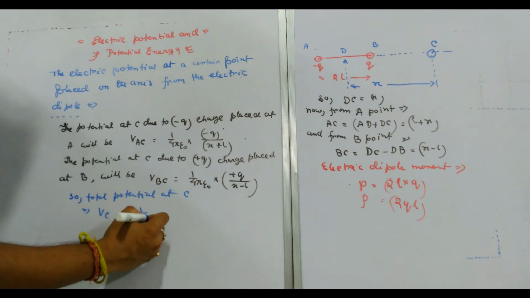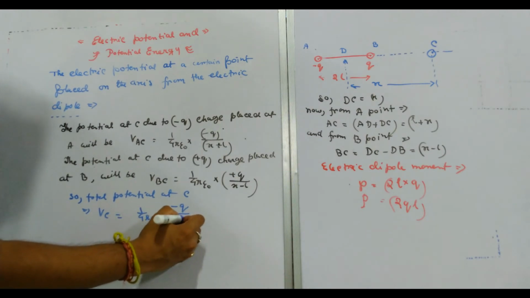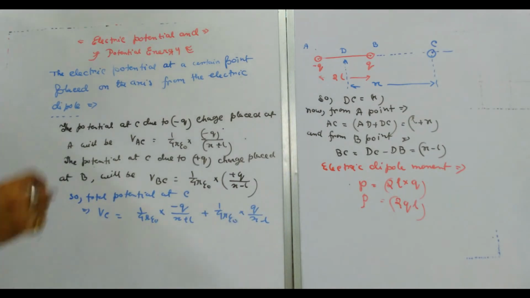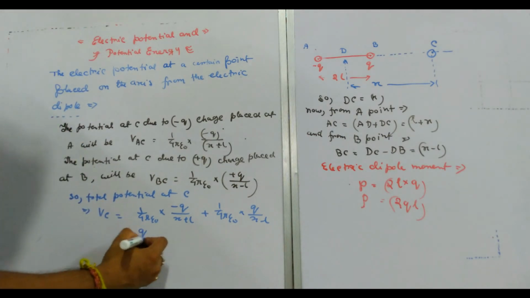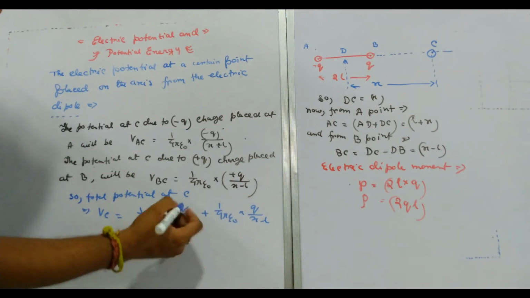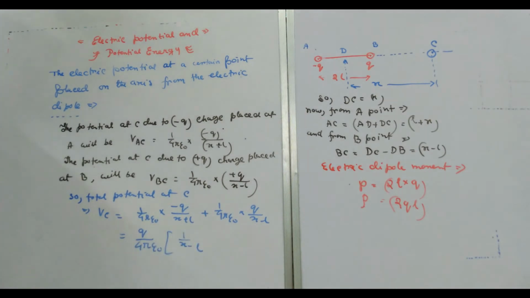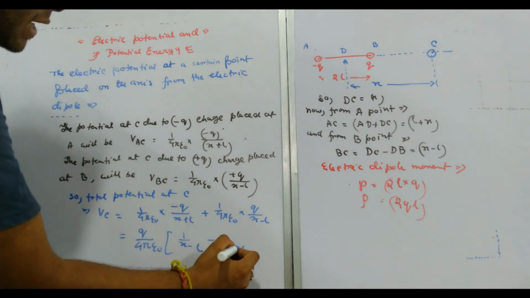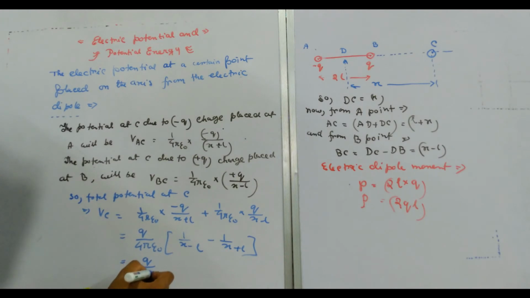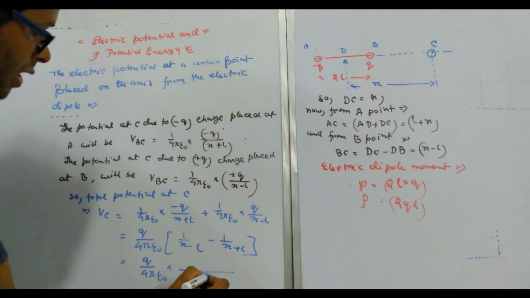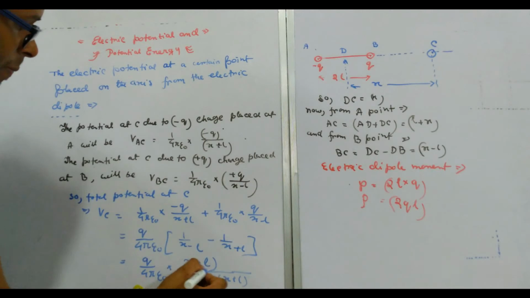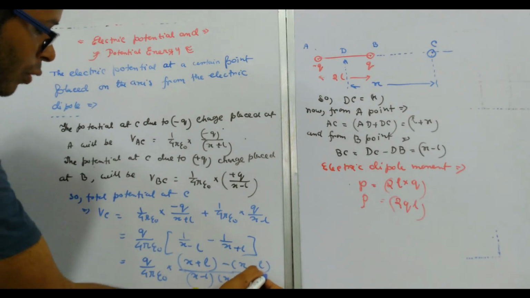This is nothing but 1 by 4 pi epsilon naught into minus Q by X plus L plus 1 by 4 pi epsilon naught into Q by X minus L. Now we are going to take the common parts outward and write this part in front, that is 1 by X minus L, and this will be minus 1 by X plus L. Now if we go for the LCM, then this will be Q by 4 pi epsilon naught, and X minus L into X plus L will be the LCM, and in the upper part this will be X plus L minus within bracket X minus L.